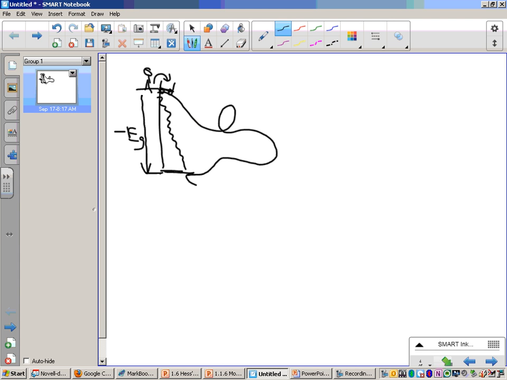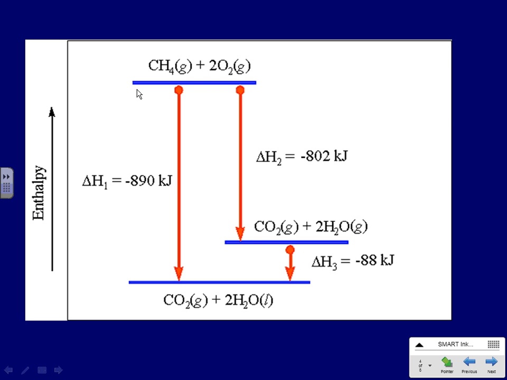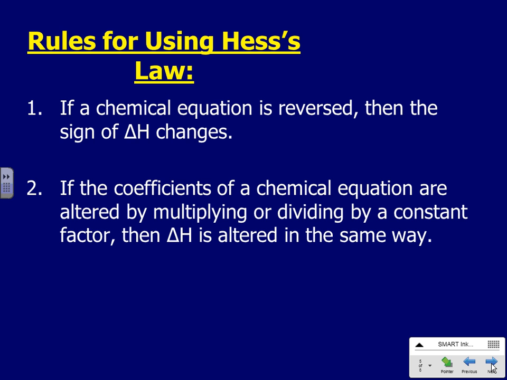As long as it ends up in the same products, it's going to be the same amount of energy. You just add up the steps. And that's because energy is a state function. Okay, let's do some examples. So hopefully that gets across to you why we can do this, and it's all about the conservation of energy.